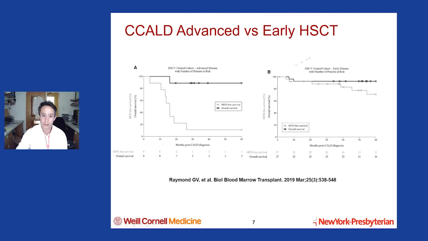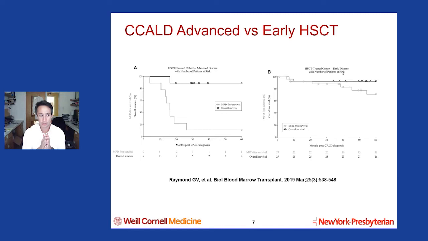What we've learned, and if you look over here to your right, is that if you treat patients with quote unquote early disease, so these are patients with evidence of inflammation in the brain, but are asymptomatic. In cerebral ALD, especially childhood cerebral ALD, there is this window of opportunity. The disease will show up on the MRI before it becomes clinically apparent, so before patients develop symptoms.